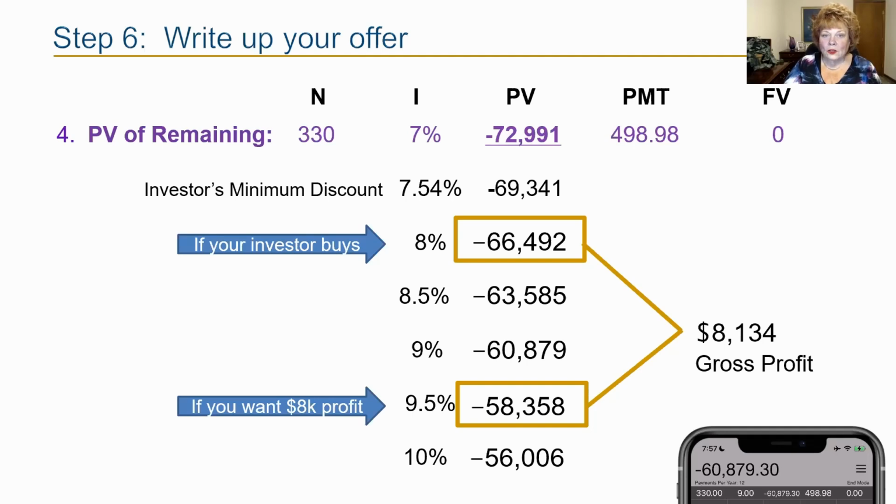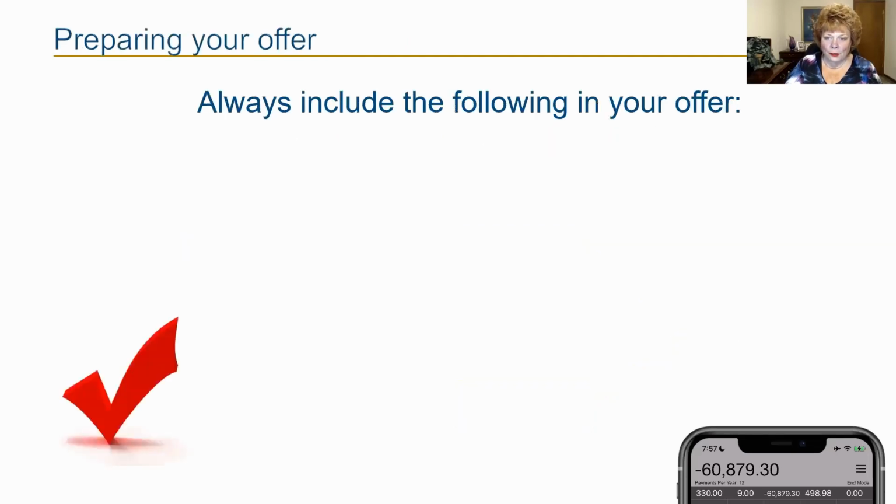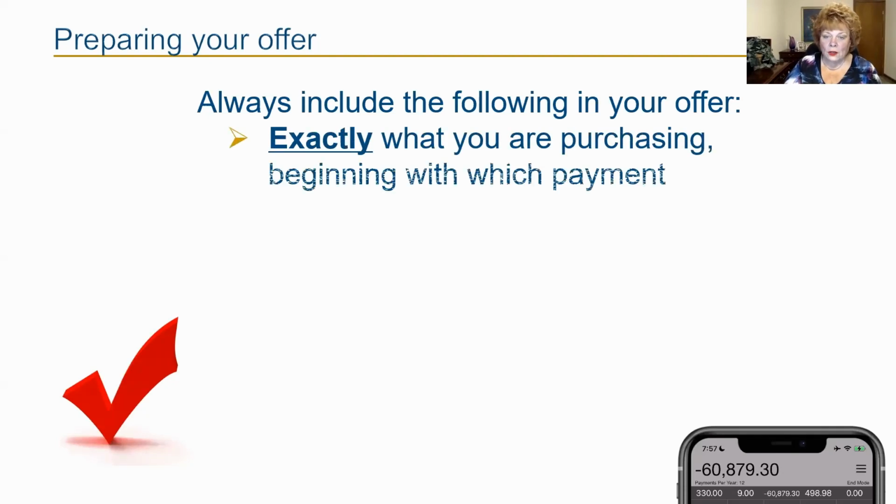Okay, so let's look at how to write your offer. When you write your offer, you need to make sure you include everything you need. The first thing and most important is to write down exactly what you are purchasing, okay? Beginning with which payment. You need to say, we will buy the remaining payments beginning with the payment due January 1st, okay?